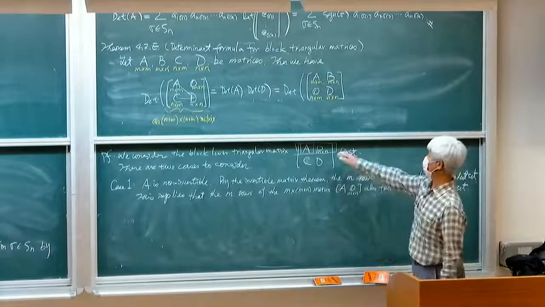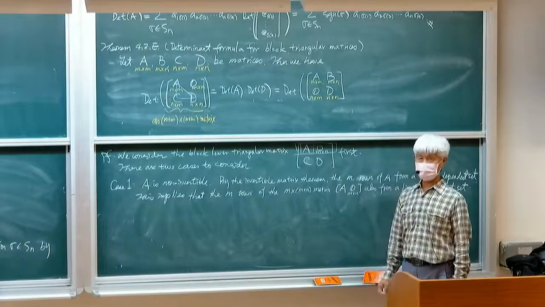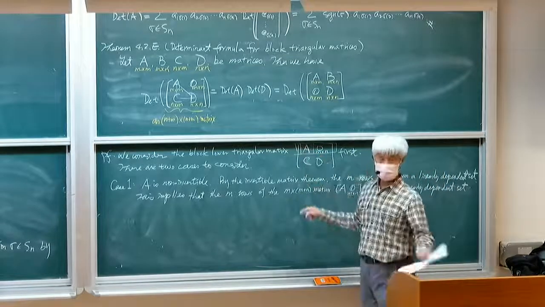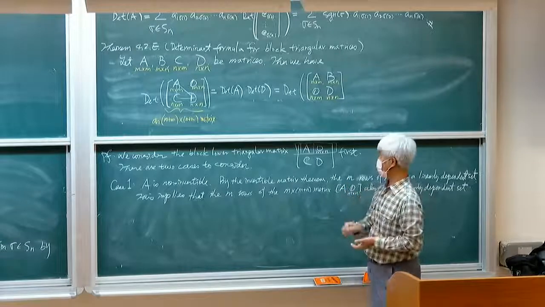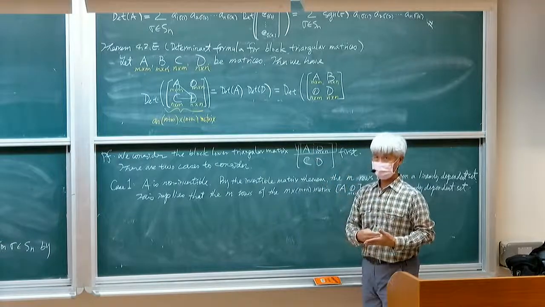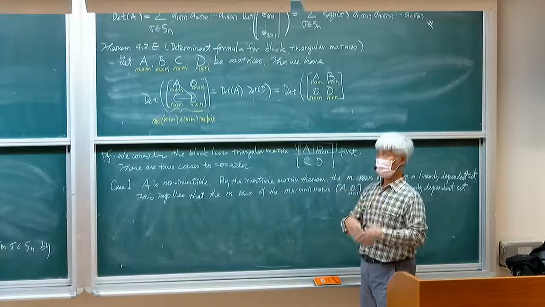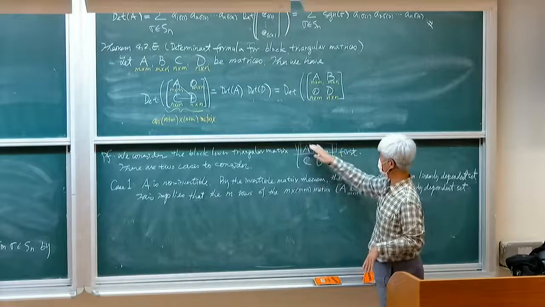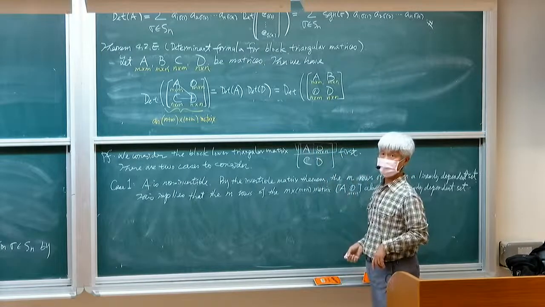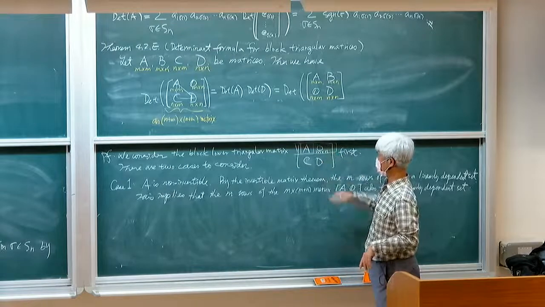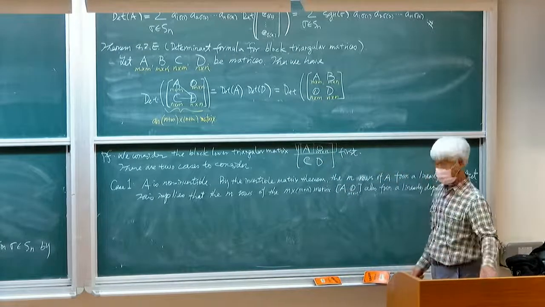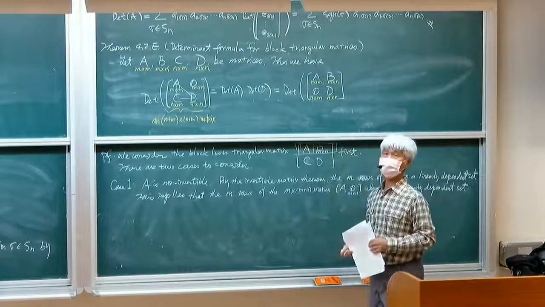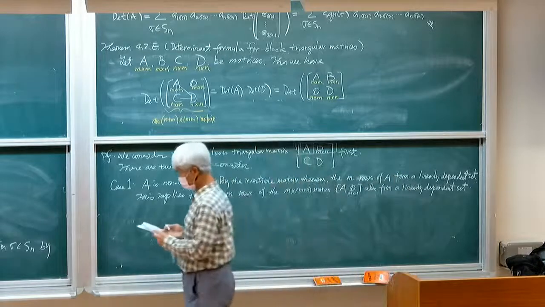Right? Obviously, because we just append zeros at the end of each row vector. So if the m rows of A are linearly dependent, it means that there exists a linear relation on the m rows. Okay, but this linear relation will be immediately extended to the linear relation of the m rows of this bigger matrix, because here all these entries are zeros. Okay, all right. So now we have m rows which are linearly dependent.